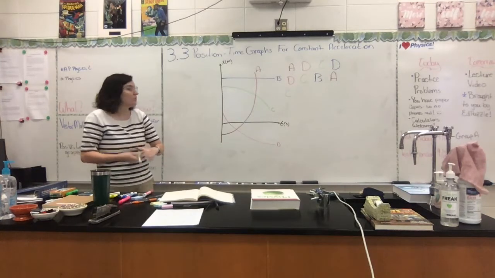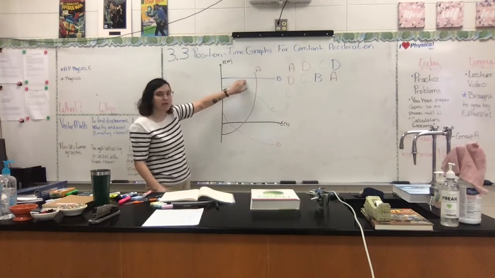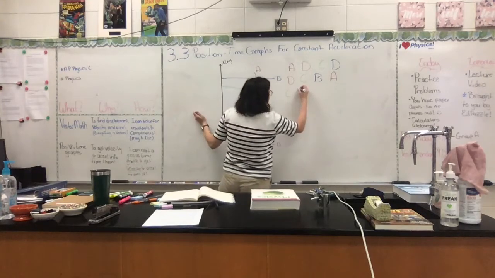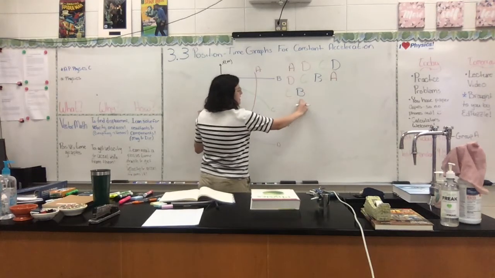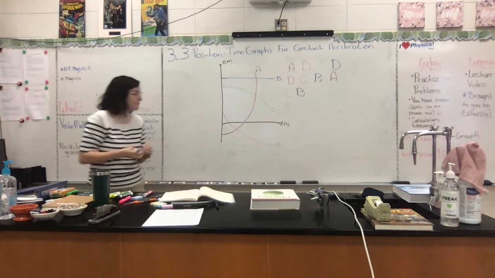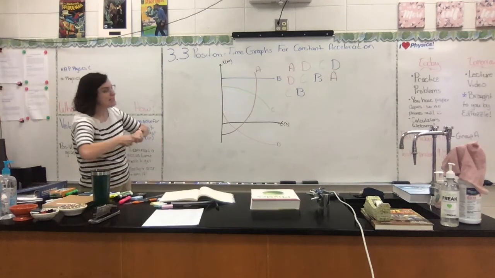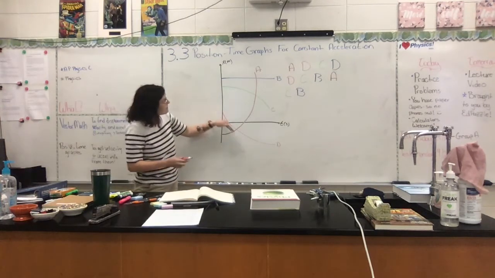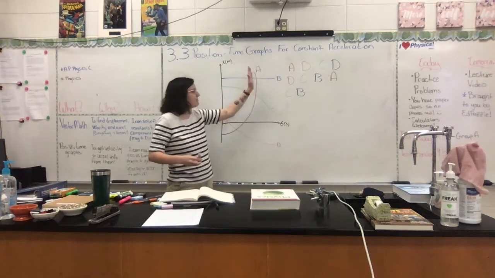Then the next one, well, D and A are both curving up, but what's B doing? B isn't curving at all. So that's going to be our next one. So we have our most negative, then we have our 0. After that, our next most positive or least negative is going to be D, because D doesn't curve quite as steeply as A does.